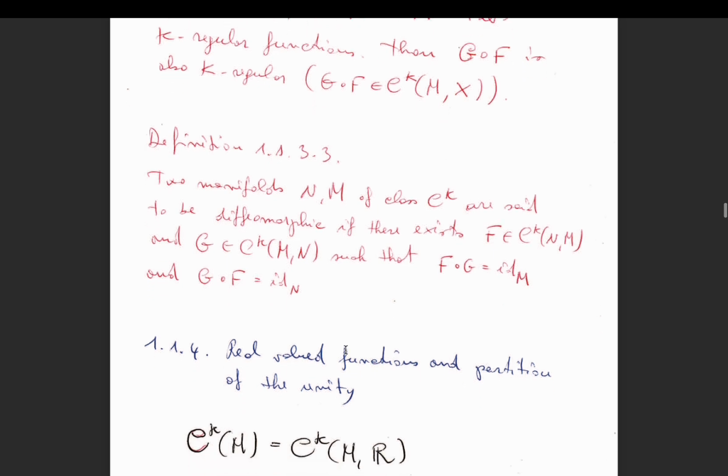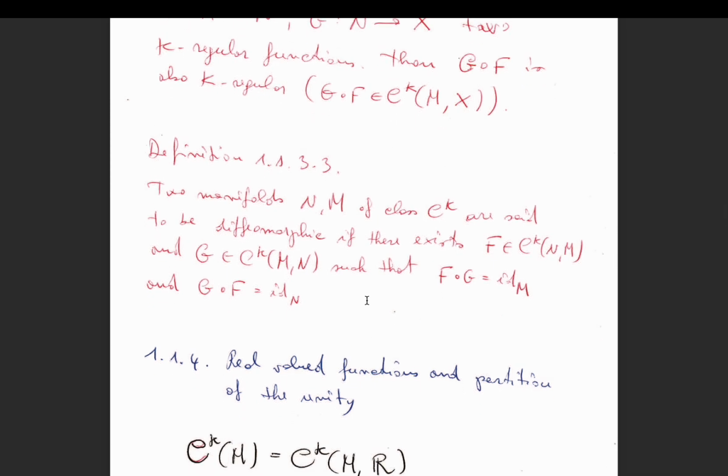If we restrict attention to the differentiable manifolds which are diffeomorphic to each other, then we obtain a groupoid, or actually a category where all the morphisms are invertible. So let's say a groupoid of diffeomorphic manifolds.